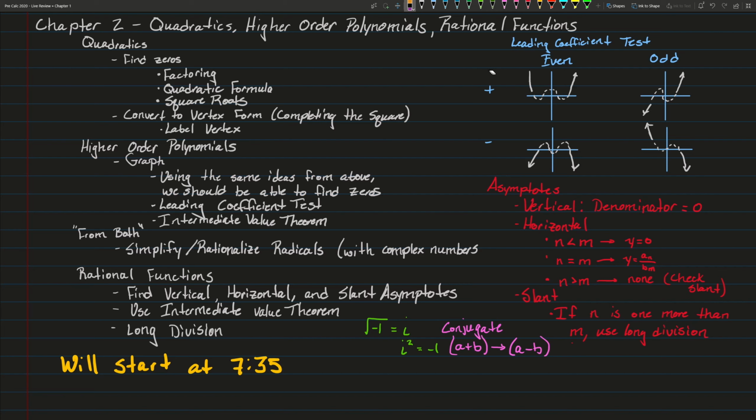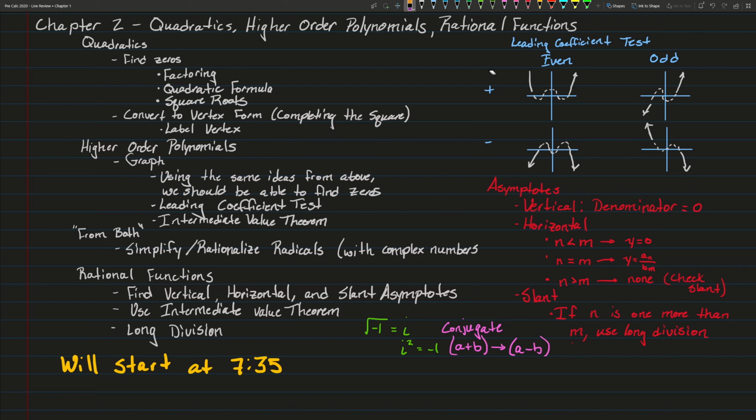It has to do with finding zeros either by factoring, quadratic formula, or square roots. Yes, you have to know the quadratic formula. Besides that, we worked on converting to vertex form, which we saw a lot in the first chapter with transformations. When we do that, we're doing what's called completing the square. And from that, we should also be able to label the vertex, which again, we did last chapter. You guys just didn't call it a vertex.